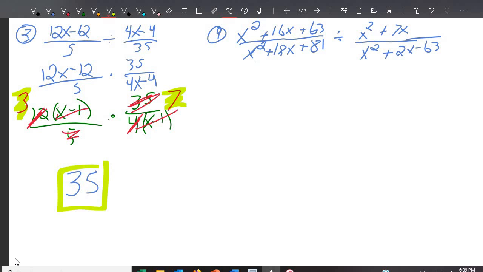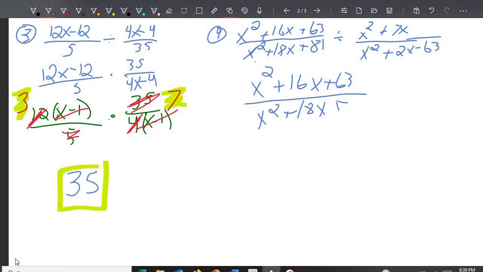Number 4, first let's flip it, and then we're going to have to factor everything. Alright, so let's finish rewriting it. So it becomes multiplication, x squared plus 2x minus 3. Okay, so the first fraction has trinomials. Luckily, these are easy to factor.